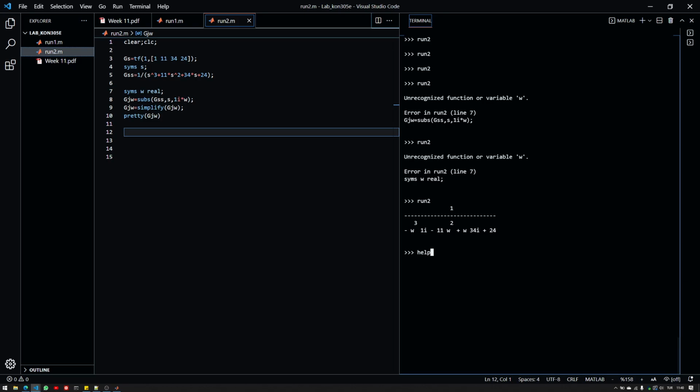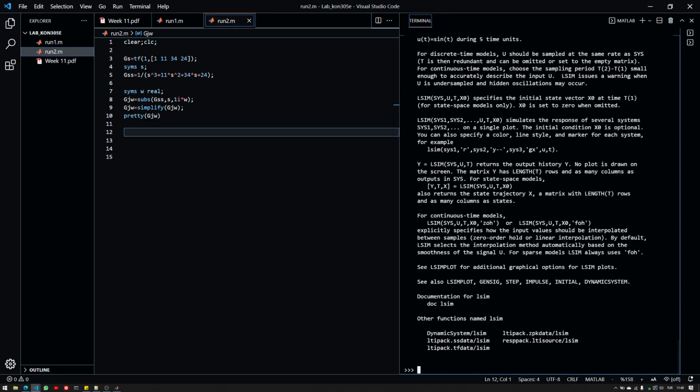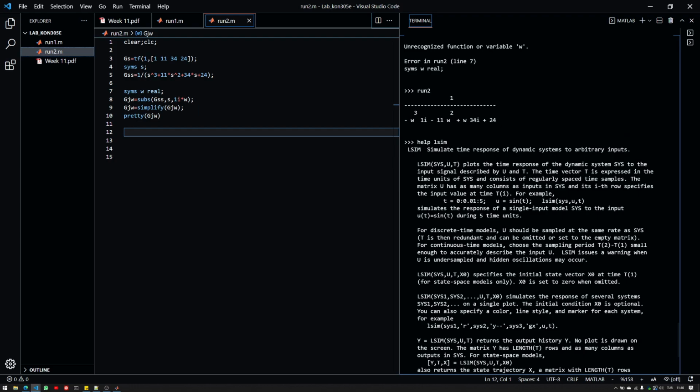We have a function called lsim, which is basically step function, but not step function. So this is linear simulation, which means that it'll apply this input with the time vector into the system, and it'll calculate the output. So this is the equivalent of opening up a Simulink file, dropping a transfer function, connecting a signal generator, and then looking at a scope. So this is basically a shortcut of that in the MATLAB command line.